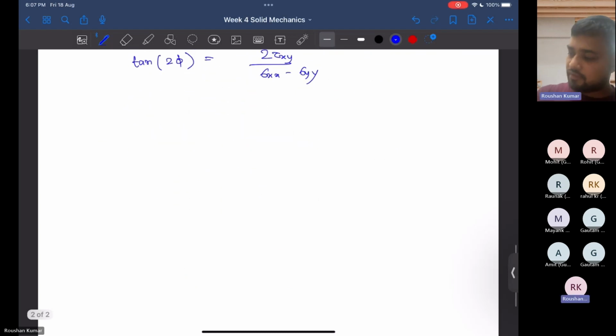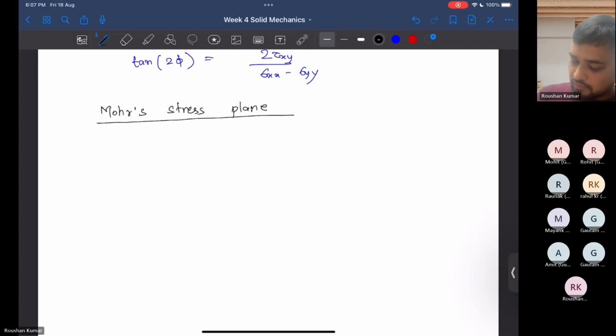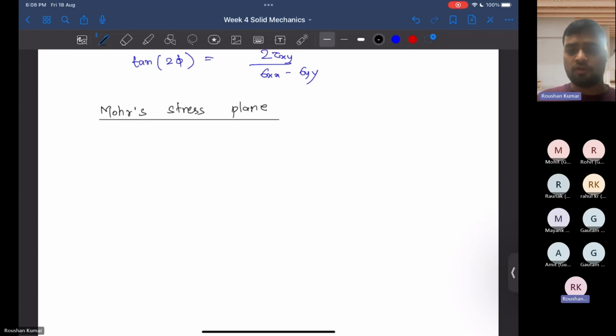Next is Mohr stress plane. In this lecture, Mohr stress plane will be discussed. So we can find out the planes on which the normal stress acts or the maximum shear stress will act.